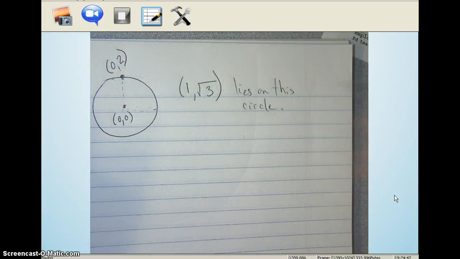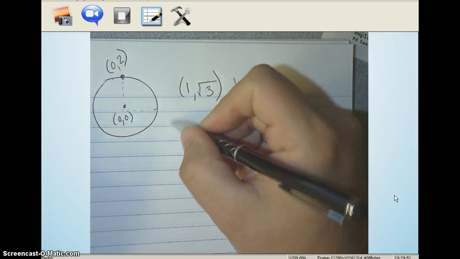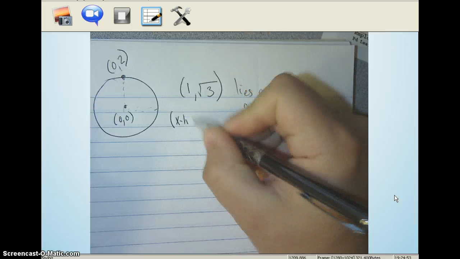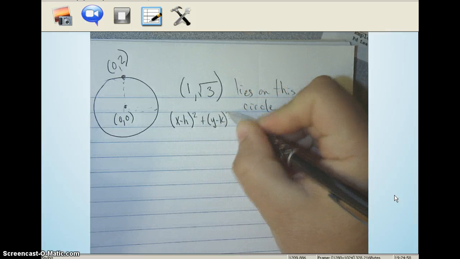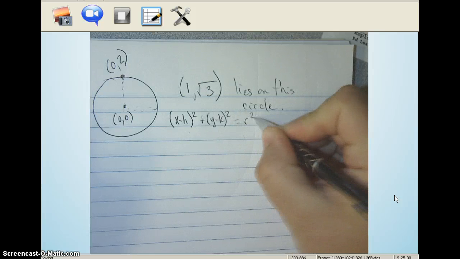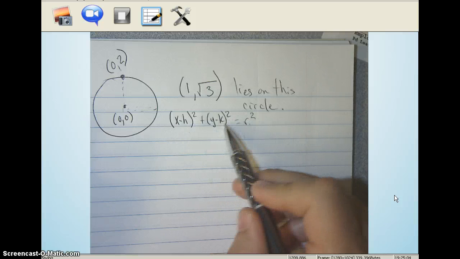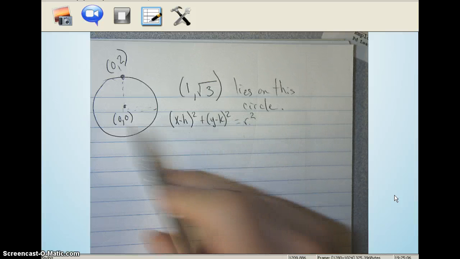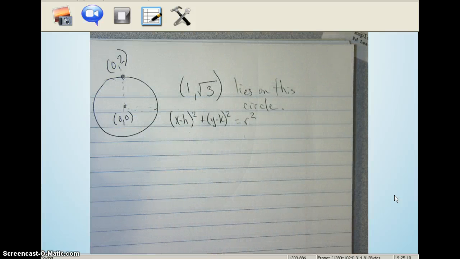So we know a few things. First of all, let's go over that formula for a circle again. I gave it to you before, but it was (x minus h) squared plus (y minus k) squared equals r squared. And remember, r was the radius, h and k are the x and y values of the center, and x and y are the points on a circle. So we could plug in these points and hopefully we would find it all.